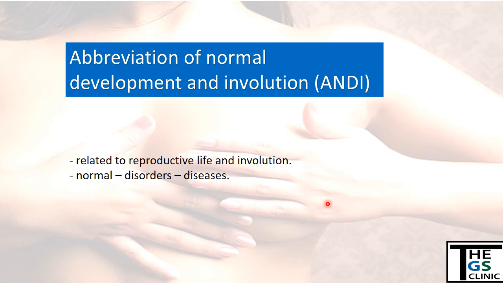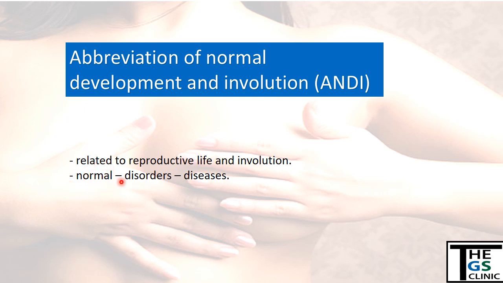This stimulation and reduction in the hormonal level will lead to a change in the breast size monthly. Some parts of the breast will take the hormone more, according to the estrogen and progesterone receptors, and this will lead to the formation of pathology, nodularity, and fibrosis. Collectively, we can say they are related to the reproductive life or the menstrual cycle of the female, and later on to her involutional period, in the postmenopausal period or her elderly life.